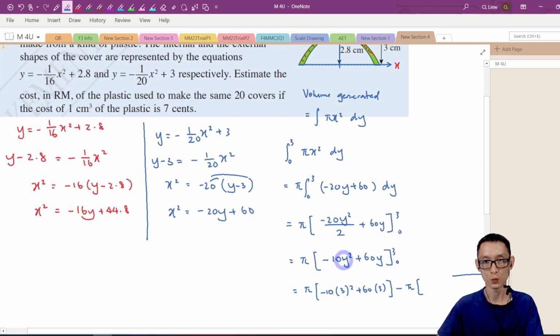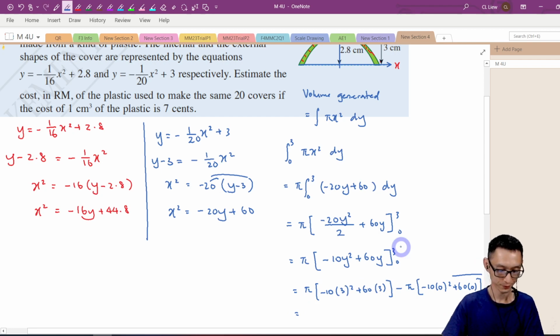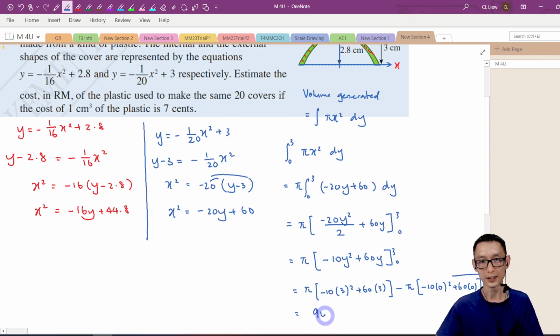So here 0 will give you 0: negative 10 times 0 squared plus 60 times 0, so the whole thing will become 0. So what you need to do, just press your calculator for this part. Okay, you will be able to get 90, and don't forget to copy the pi.